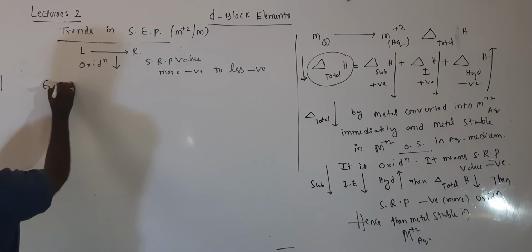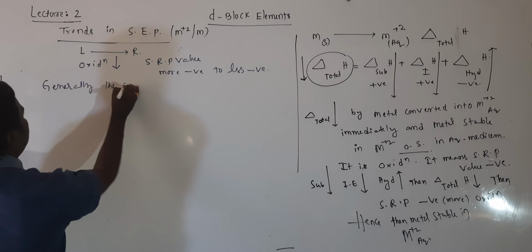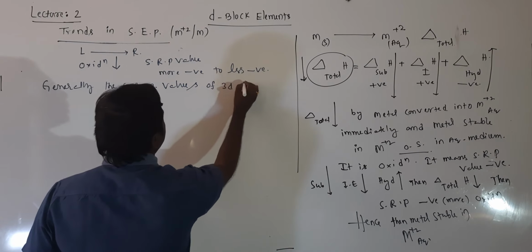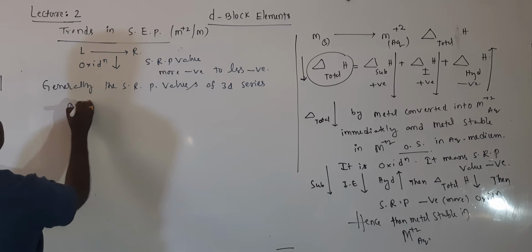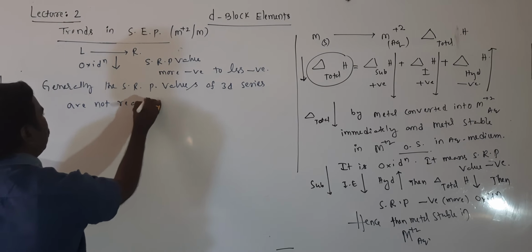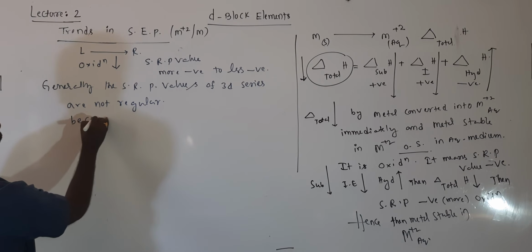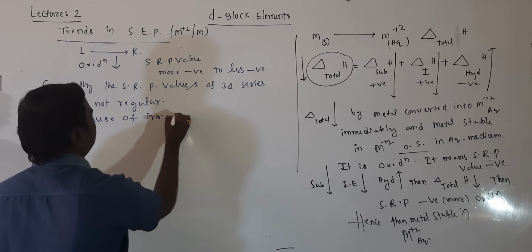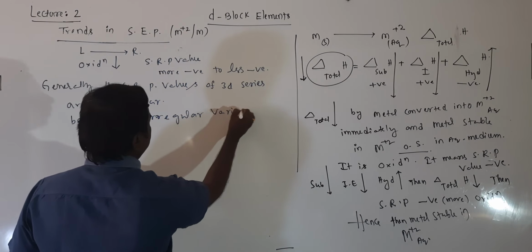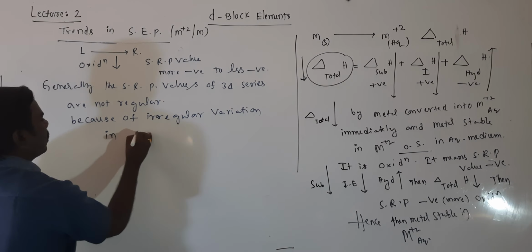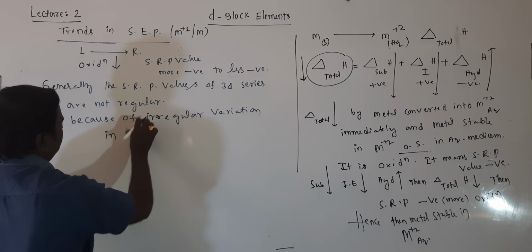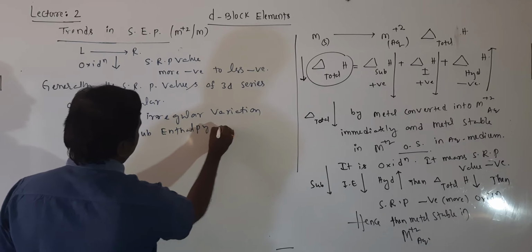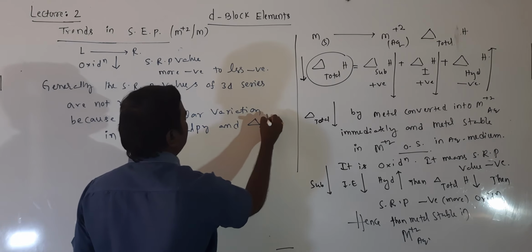So, generally the SRP values of the 3D series are not regular, because of irregular variation in sublimation enthalpy and ionization enthalpy values.